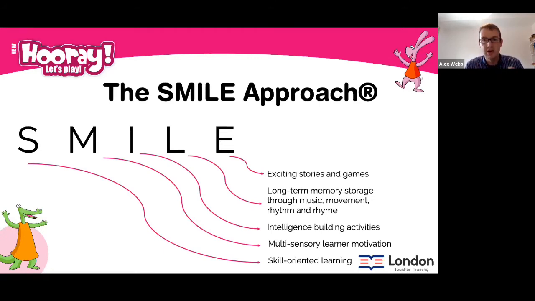We want to create good young foreign language learners, who can learn and repeat chunks of language and consolidate this through reading these stories, playing these games, and so on.